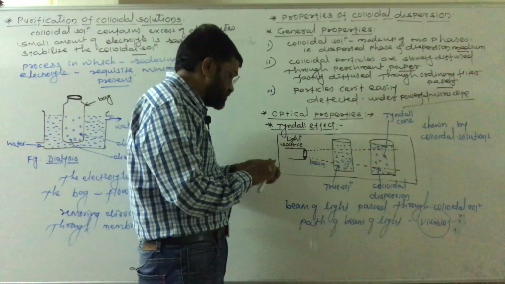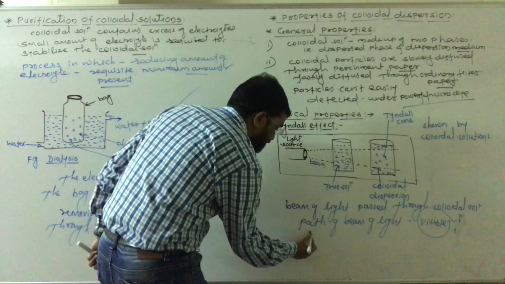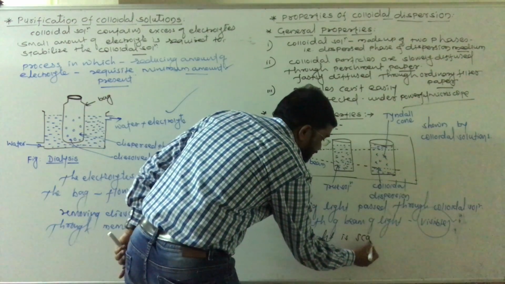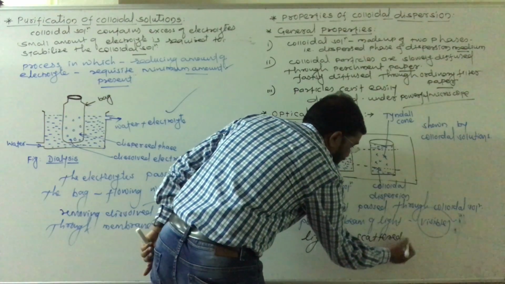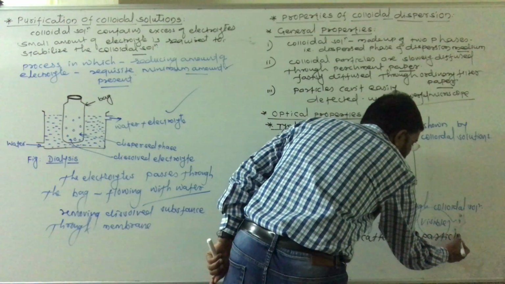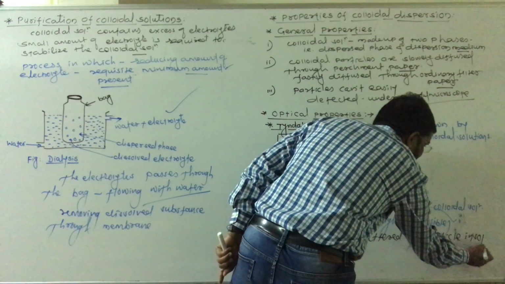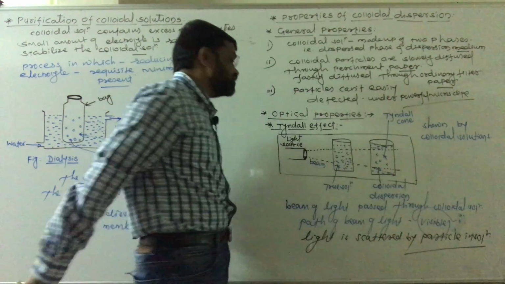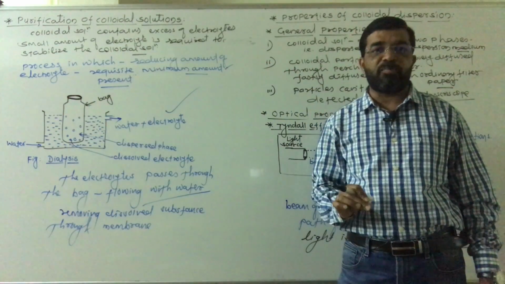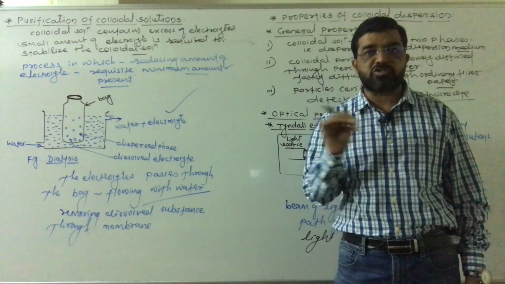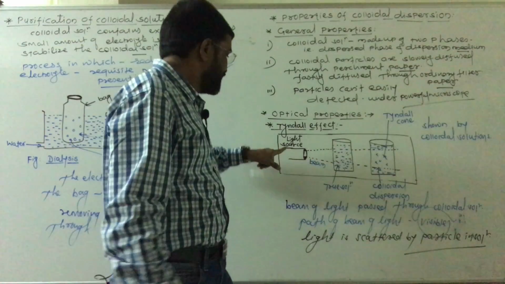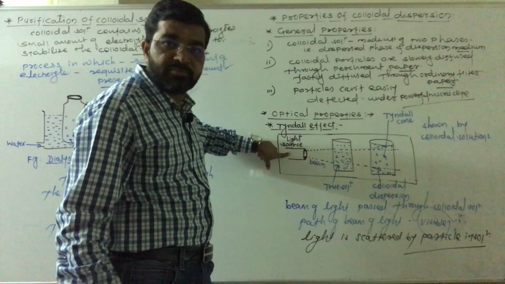But in the case of a colloidal solution, the light is scattered by the particles present in the solution, and that scattering of light by the colloidal particles in a colloidal solution is called the Tyndall effect.